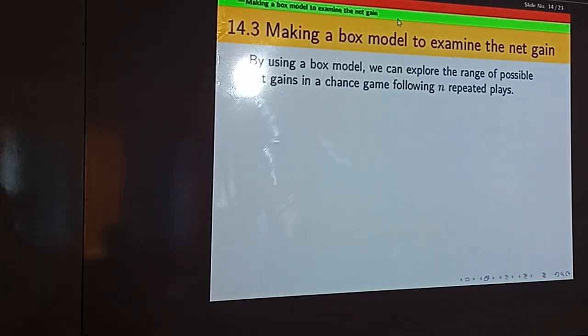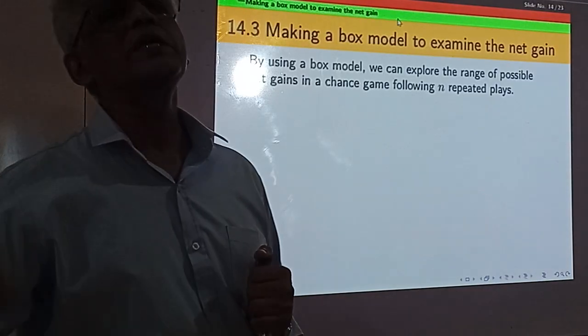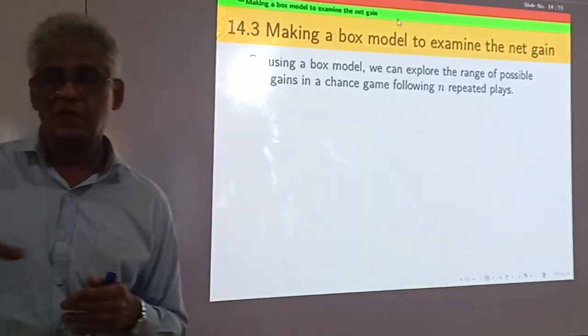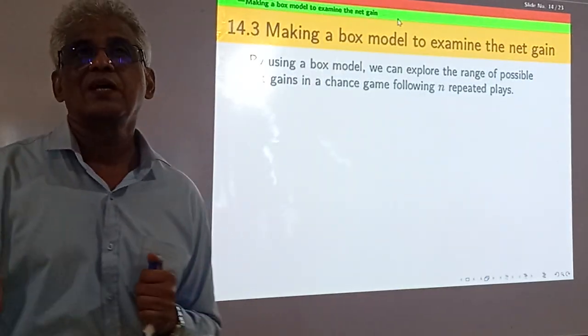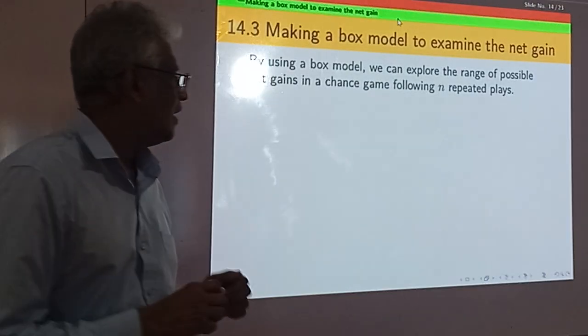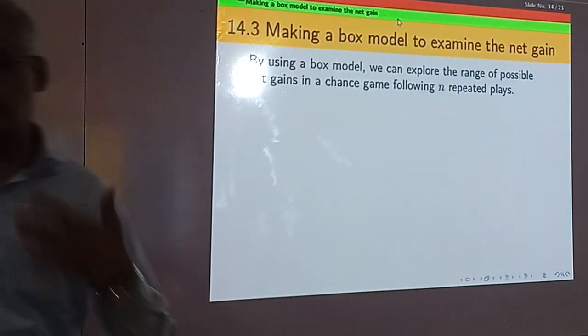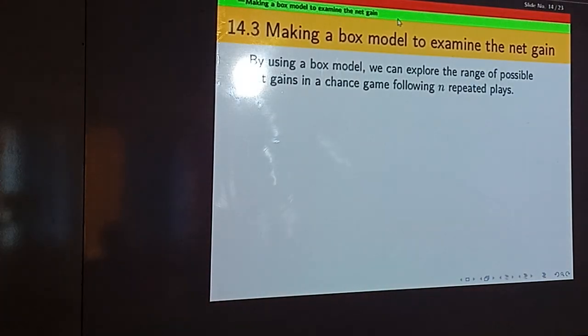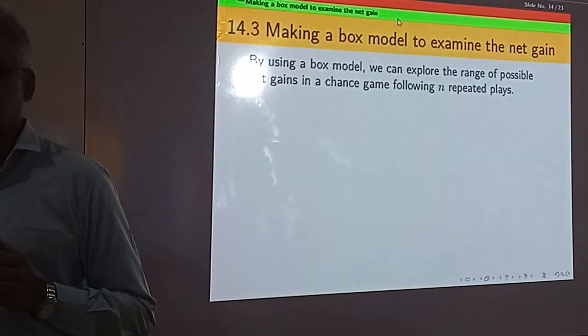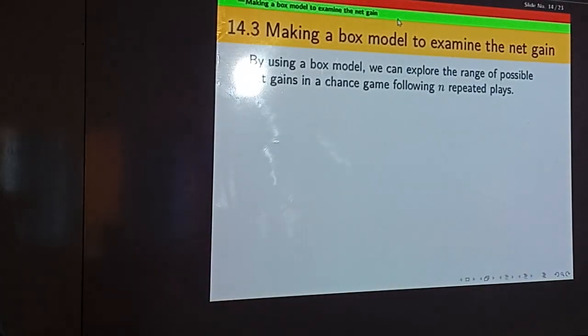We can look at what are the possibilities of the total gain if you place the same bet again and again and again on the same number, for example. You can just find out what will happen, what are the possibilities and so on. Of course, in chance games, there is always a higher probability of losing than winning, but sometimes there can be a rather larger probability of winning than what we expect also, but still it's less than 0.5 usually.